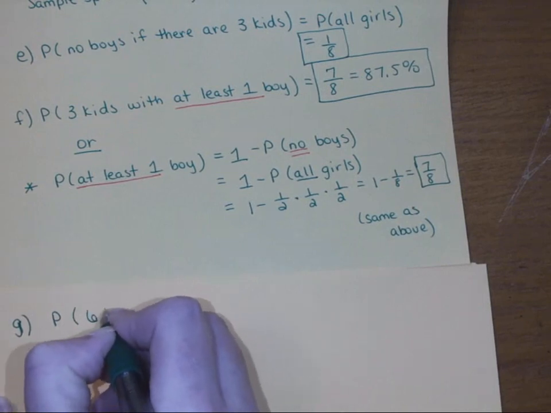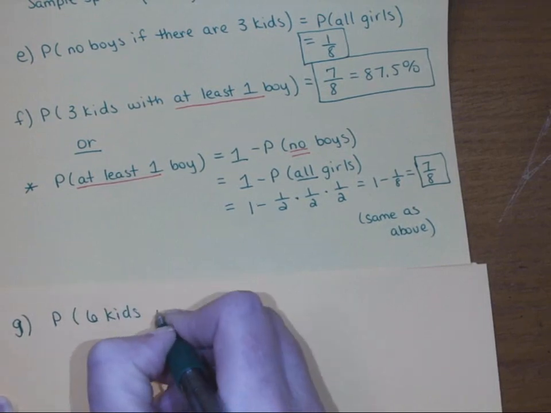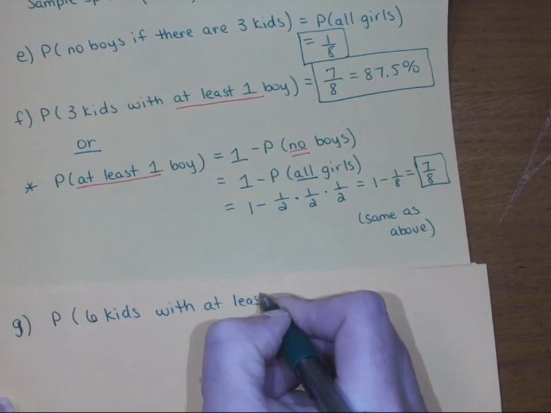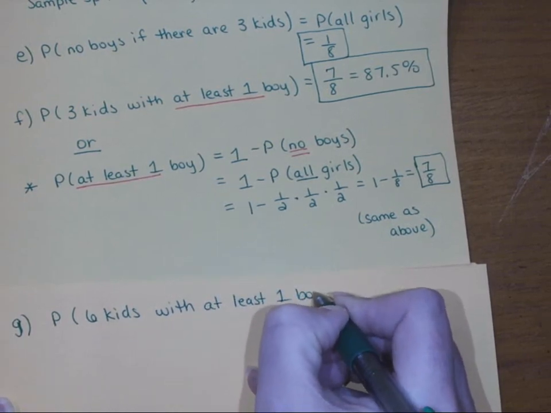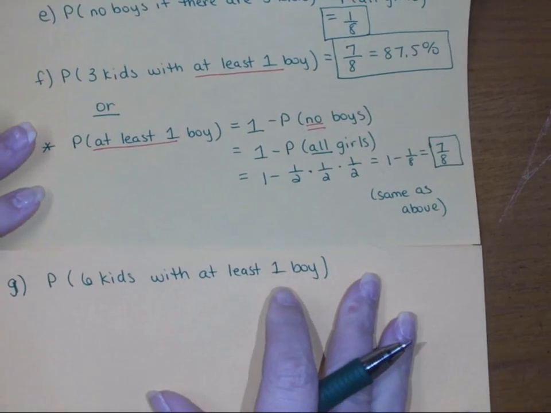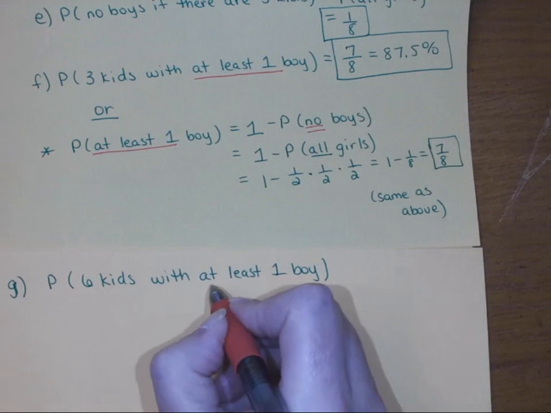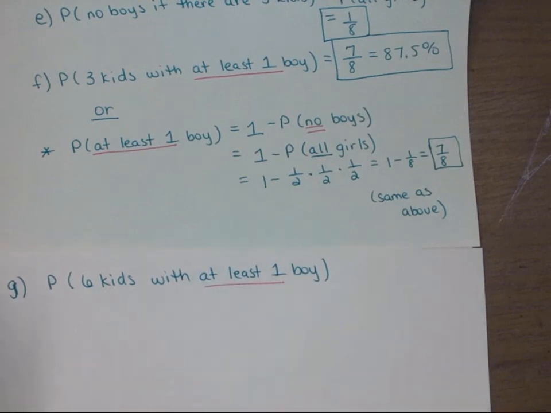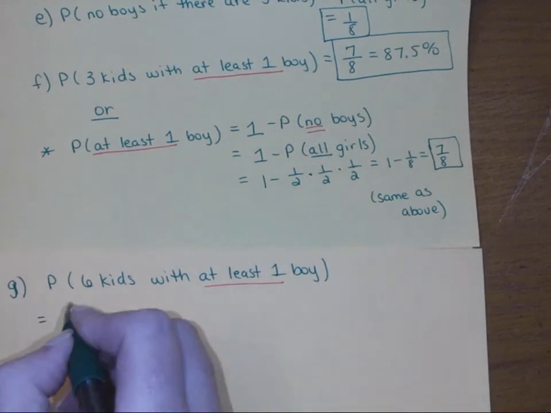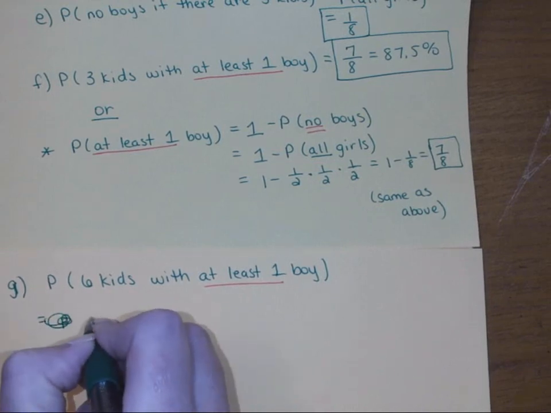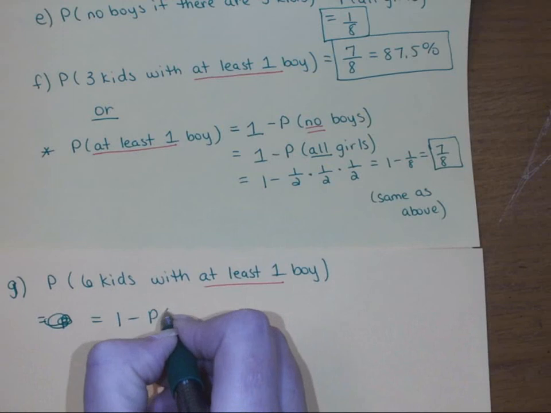The probability of 6 kids with at least 1 boy. Now, I don't know about you, but I don't want to list the orders out for 6 kids. 3 was already a little tedious, to be honest. But when you see at least 1, it's easiest if you actually transfer this into 1 minus the probability of the opposite.